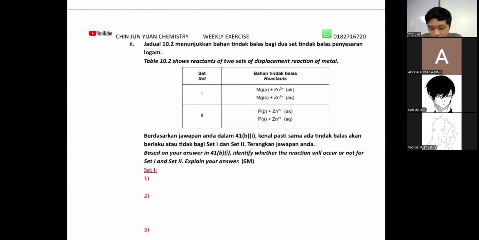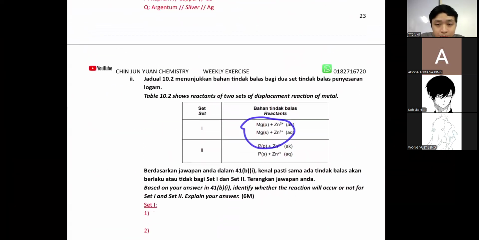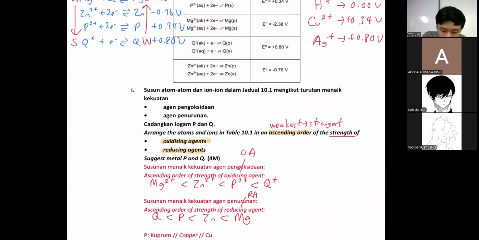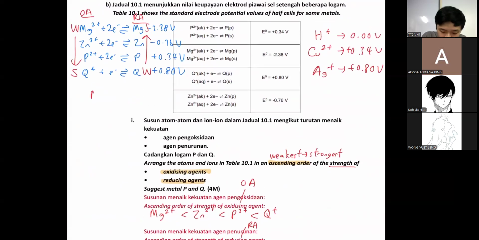So if you see Mg and Zn2+, if you compare these two, Mg and Zn, weak, strong, weak.